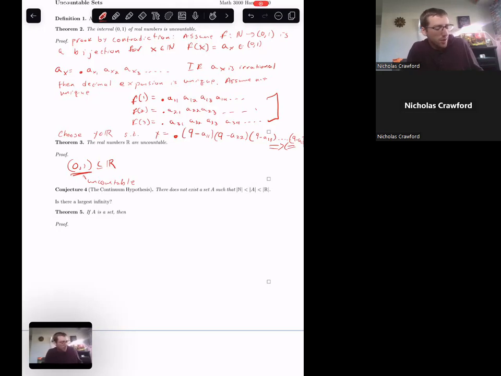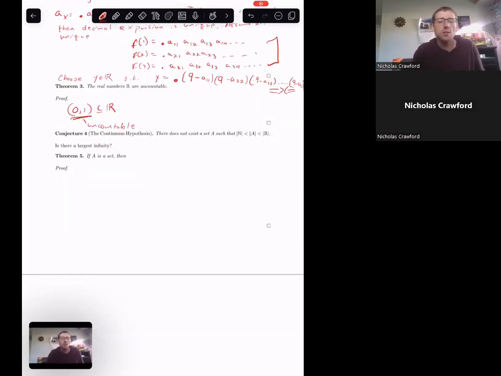So there's this cool thing. It's called the continuum hypothesis, right? The continuum hypothesis is neither true nor false. And it's actually been proven to be independent, right? So meaning that we can't prove it using our usual rules of math.